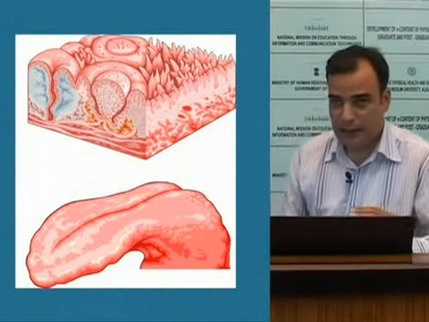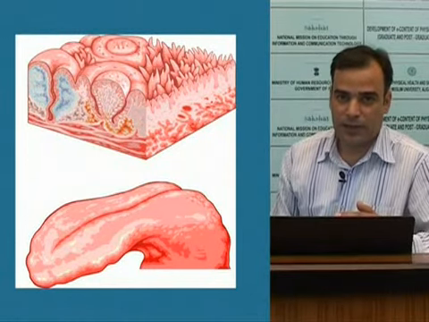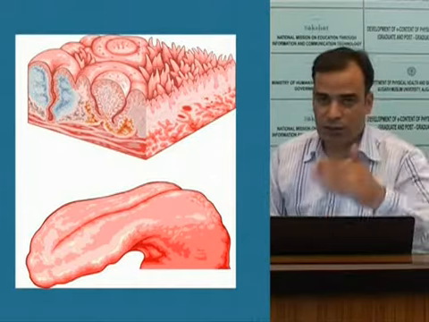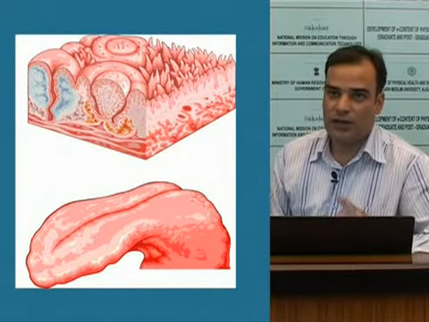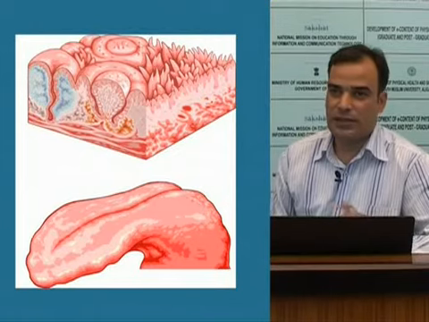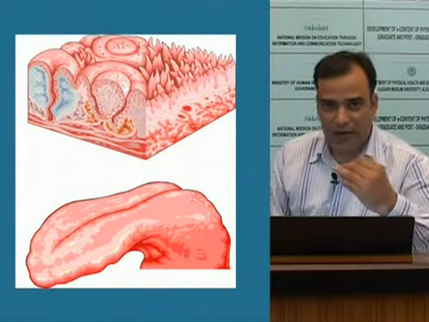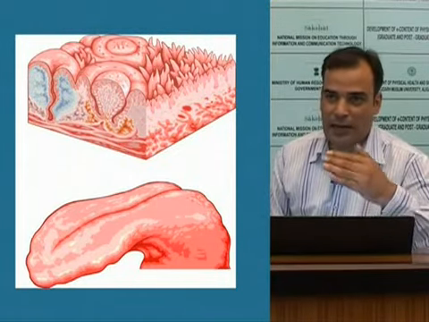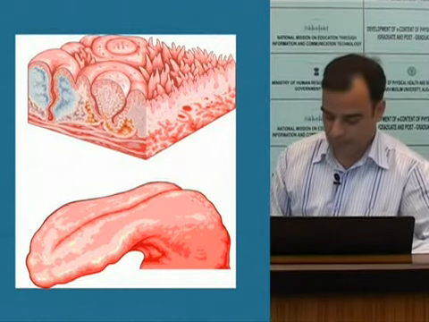The third type of papilla present on our tongue is the filiform papilla. They usually cover the central portion of our tongue, and they are the smallest of all three papillae, and they are numerous in number, and it's because of these filiform papillae that our tongue has a velvety appearance, that rough appearance you can see on your tongue.